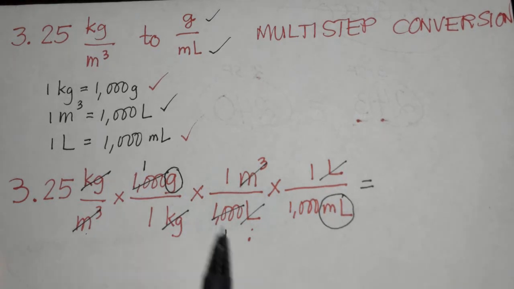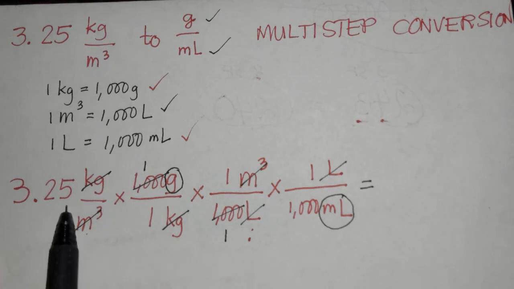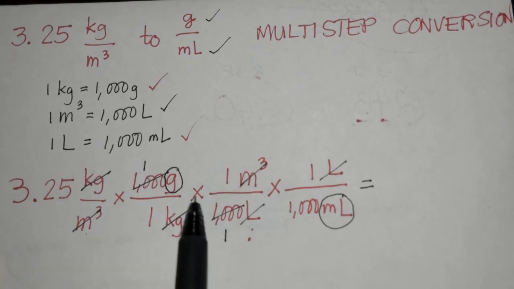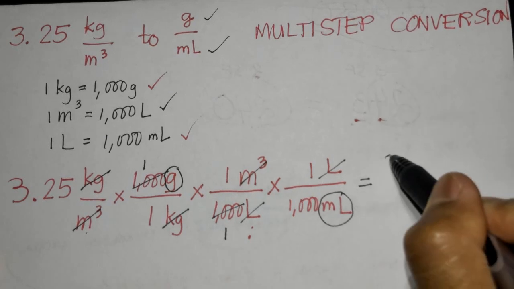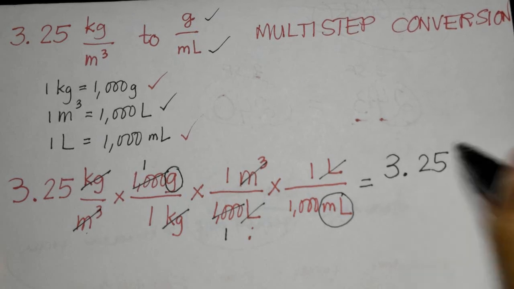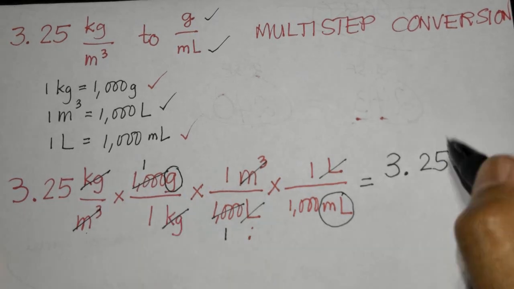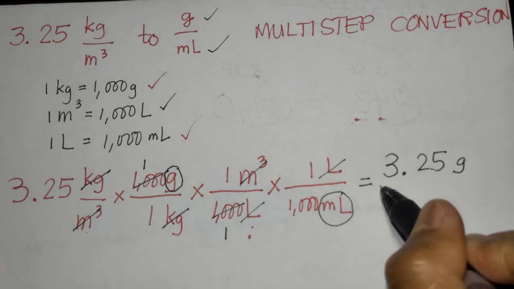So now that we're able to reduce it, we're multiplying fewer numbers. So if you look at your numerator, it is 3.25. So this given is also a numerator. 3.25 times 1 times 1 times 1 equals what? Just your 3.25. And then your unit is gram. So just copy there. And then you put a line below.